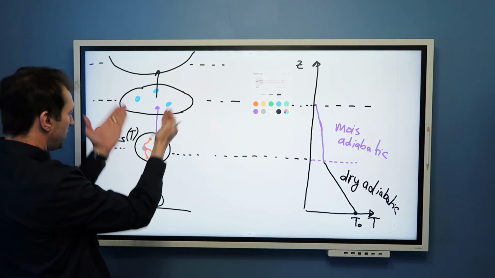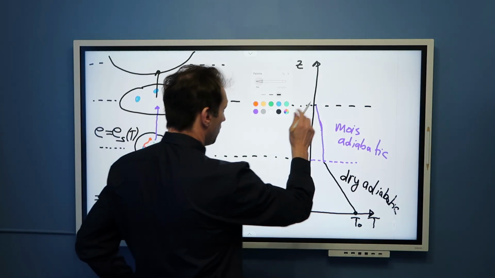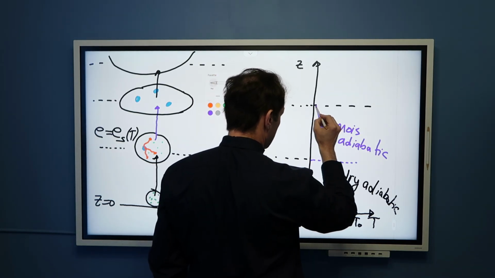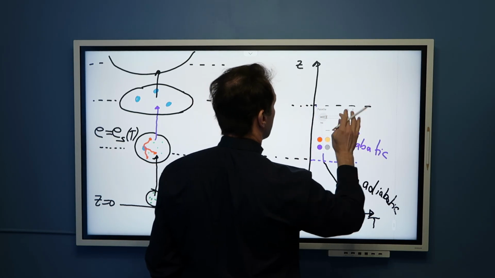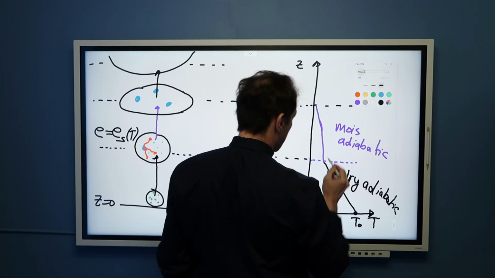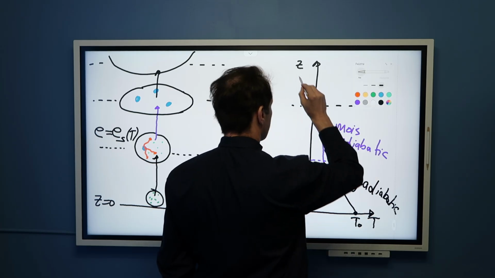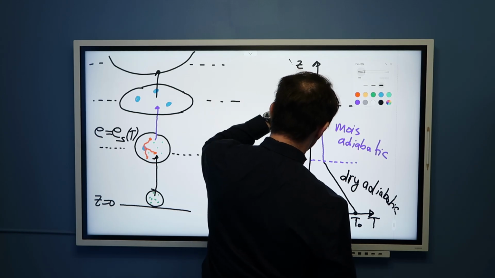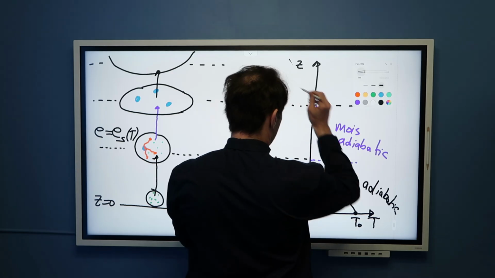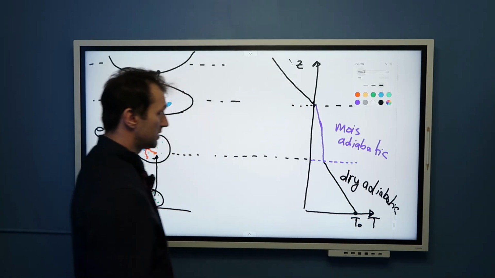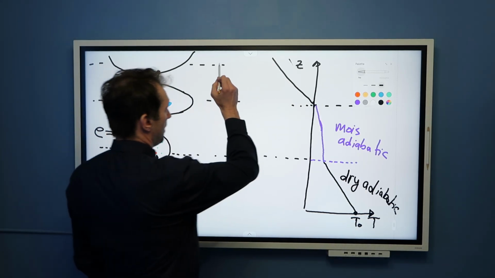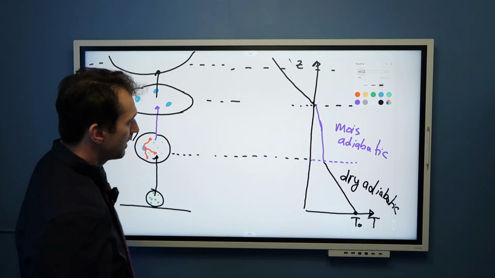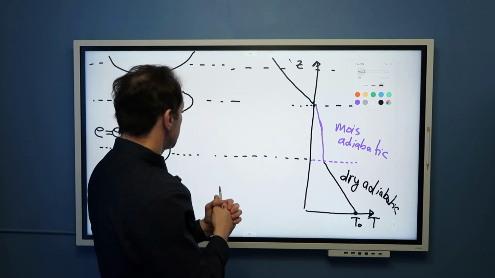Because there is no more water vapor to condense. So, hereafter the change of temperature with height is exactly the same as this line. Well, I made it. It should have the same steepness as this line. Let's say like this. Okay? So this is again the dry adiabatic lapse rate. I hope this is clear.